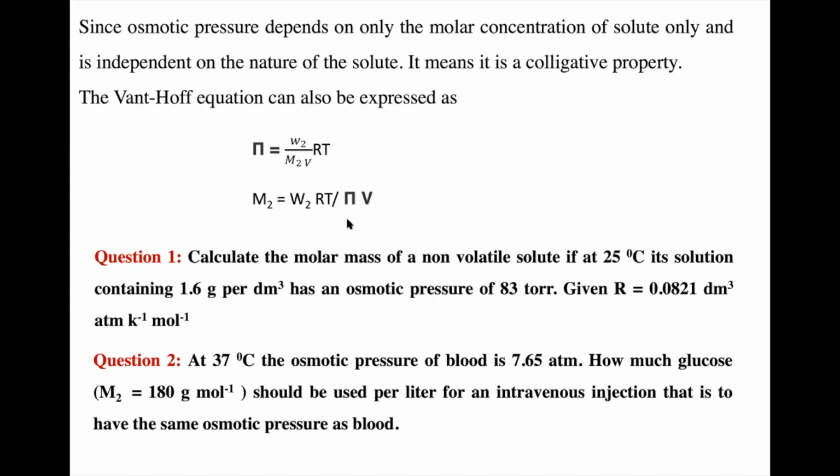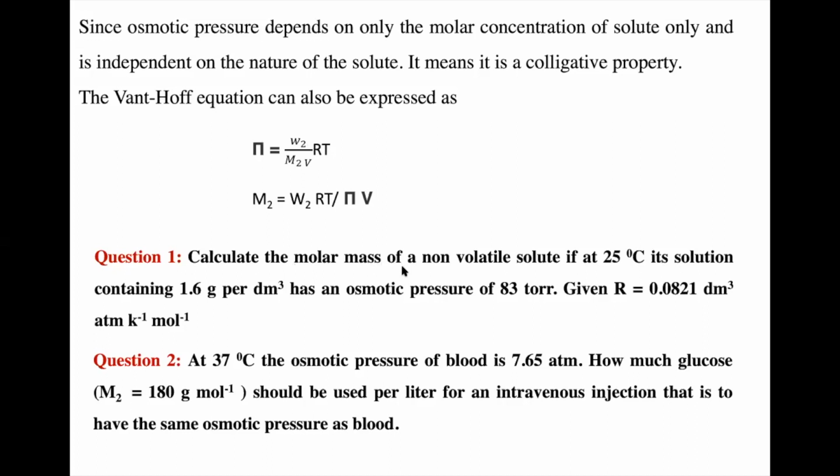So in order to calculate the value of osmotic pressure, you can take the example, question number one. Calculate the molar mass of a non-volatile solute if at 25 degrees Celsius, its solution containing 1.6 gram per decimeter cube has an osmotic pressure of 83 torr, and you have been given the value of R. In this equation, pi is osmotic pressure, W2 is the weight of the solute, M2 is the molar mass, R is the universal constant, and T is the temperature.